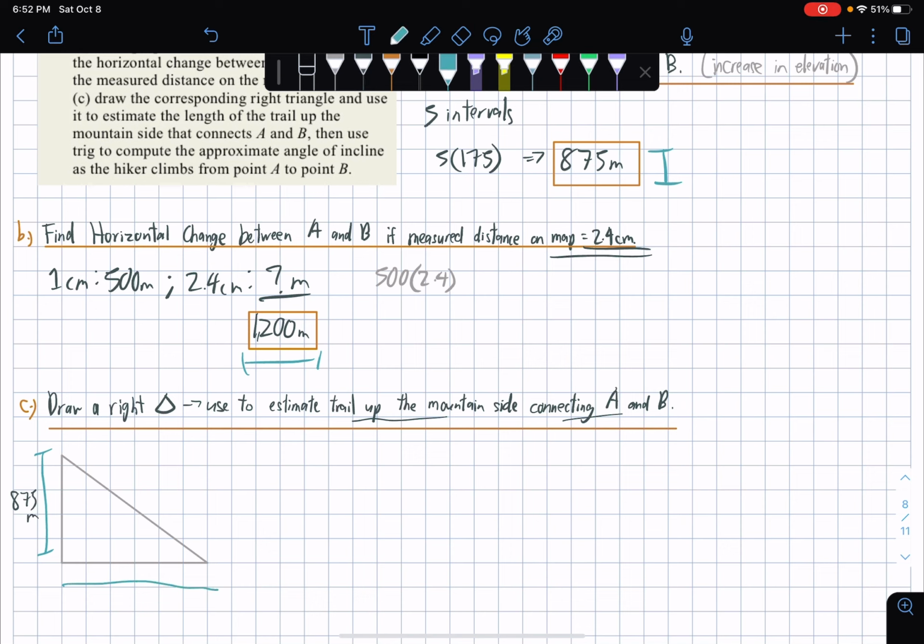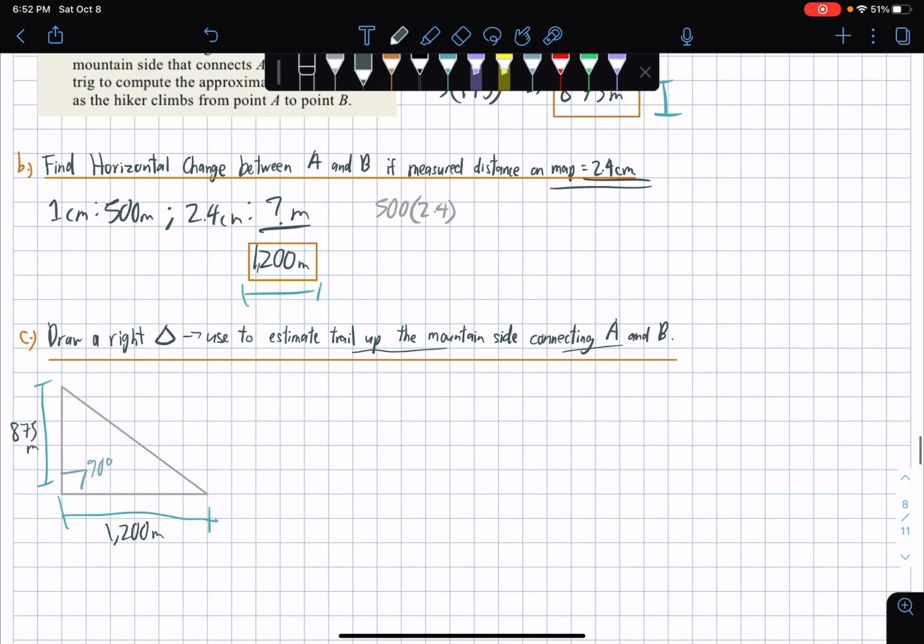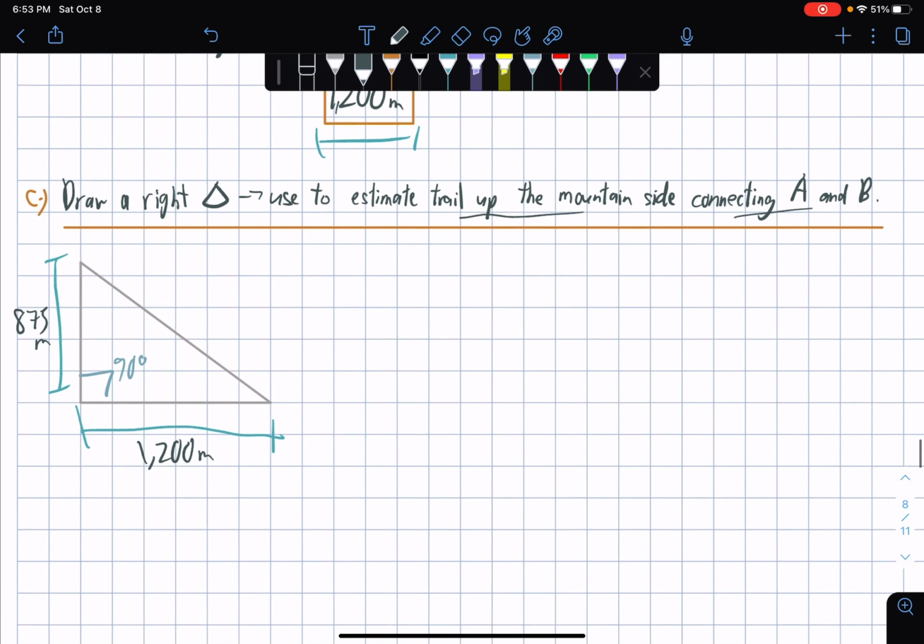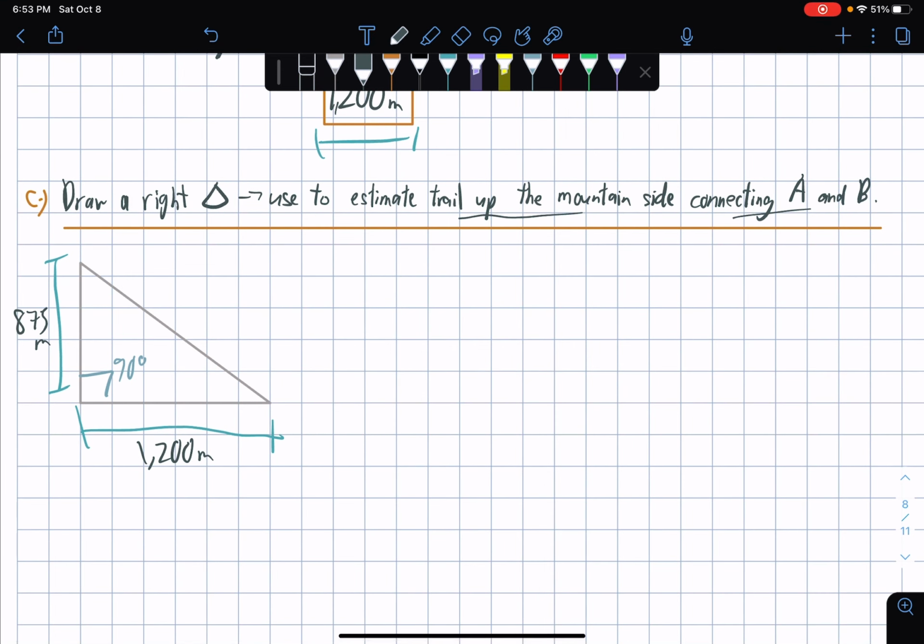And over here, it would be the 1,200 meters. You also have to know that obviously this is 90 degrees, and we want to find this angle as well as the value of the hypotenuse.